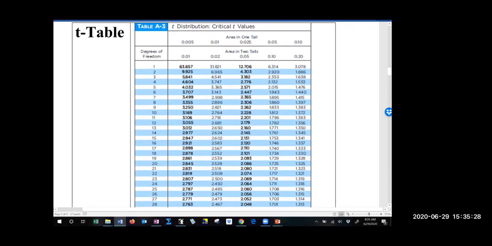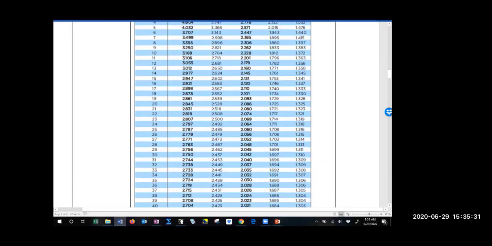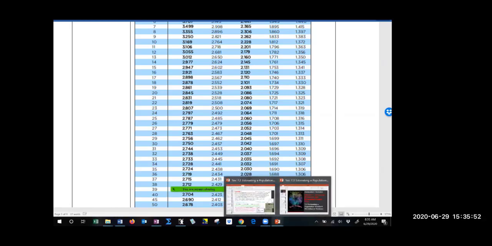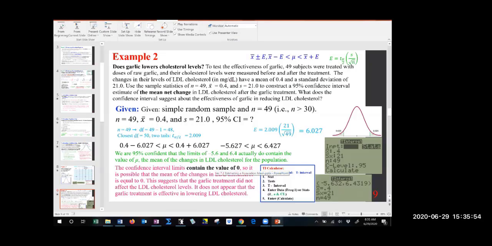So that's why we go down to 50 and then this fourth column and it's 2.009 and we picked that one. So T is plus minus 2.009 as far as the two values are concerned, because remember we have the negative side and the positive side.